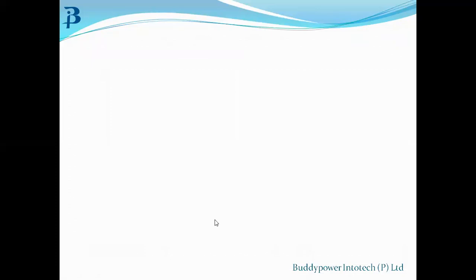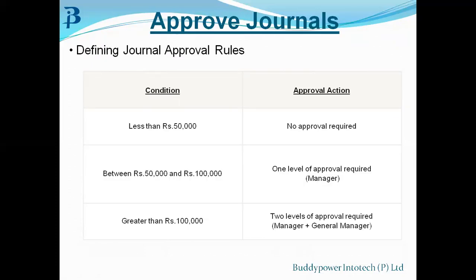Then there is another condition. Suppose your purchase requisition is above rupees 1 lakh, there is a 2-level approval required. The user, your sales executive, will forward it to the manager, because the manager can approve only up till rupees 1 lakh.